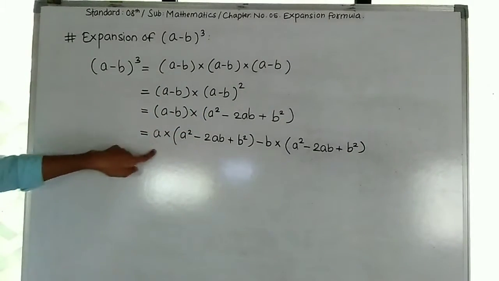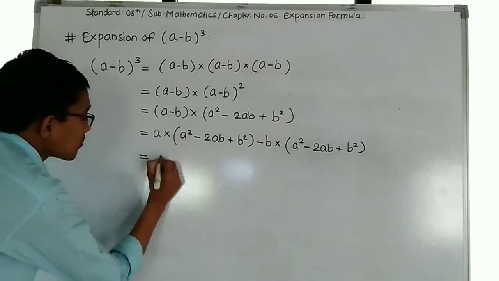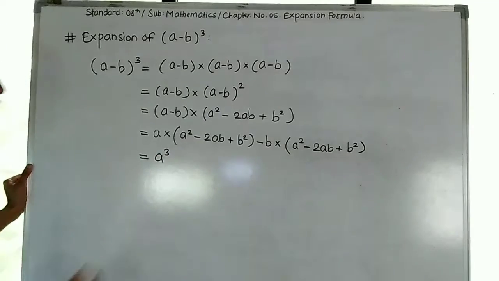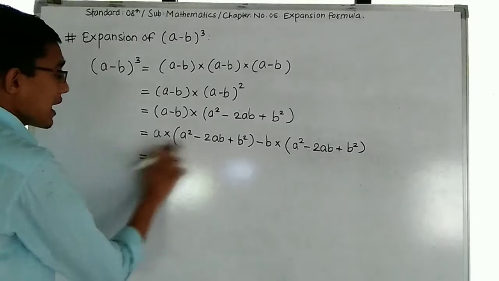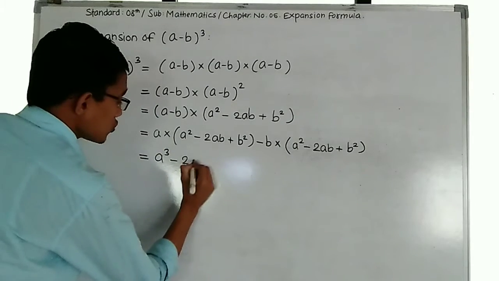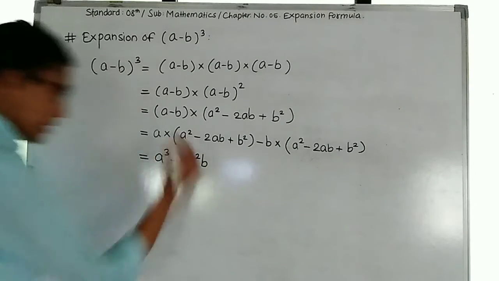So a into a square is a cube, then plus into minus becomes minus, a into 2ab is 2a square b.